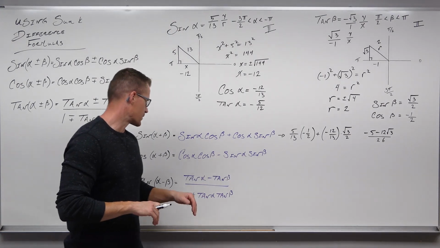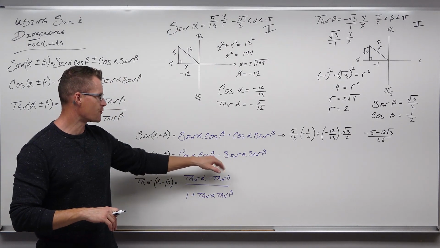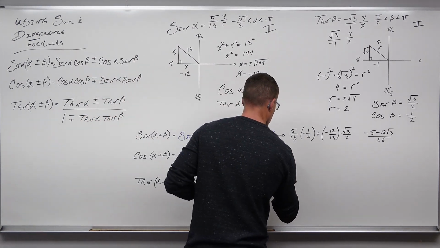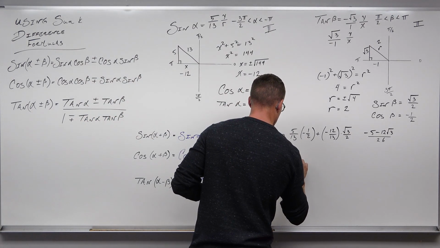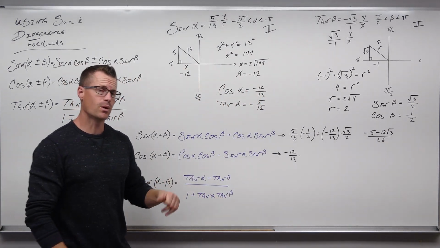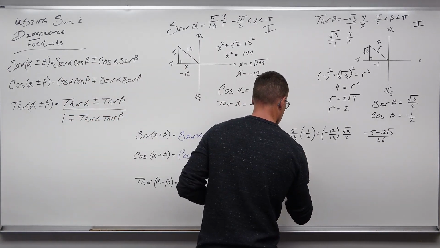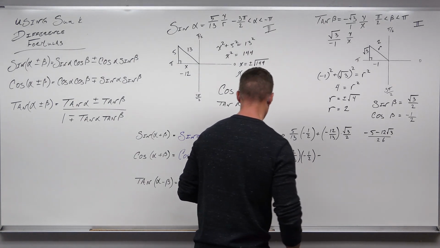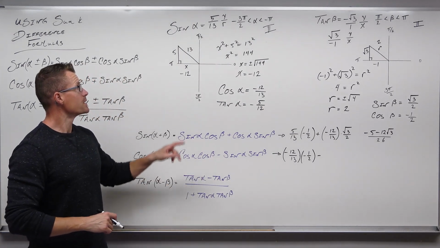Let's do the same thing down here. So cosine alpha plus beta, we already have the formula lined out. Cosine alpha is negative 12/13. Cosine beta is negative 1/2. Minus, we got to get our sign right.